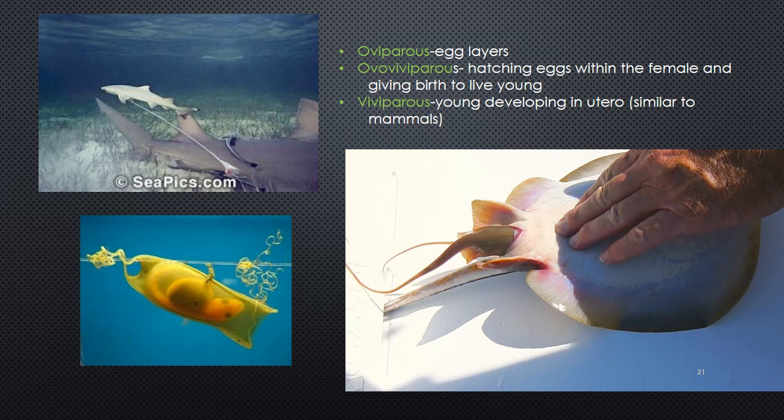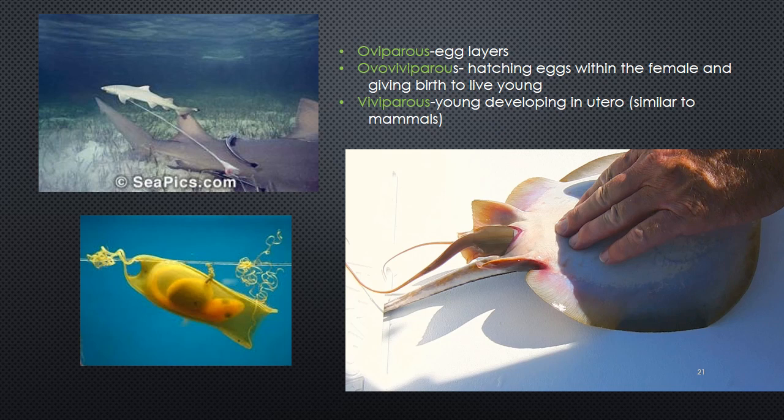Ovoviviparous means that they have eggs, but they hatch within the female, and then the female gives birth to live young. And then viviparous are young developing in utero, similar to mammals. They have a yolk sac developing into a yolk placenta that provides nutrients to the embryo. And so that's how that occurs.